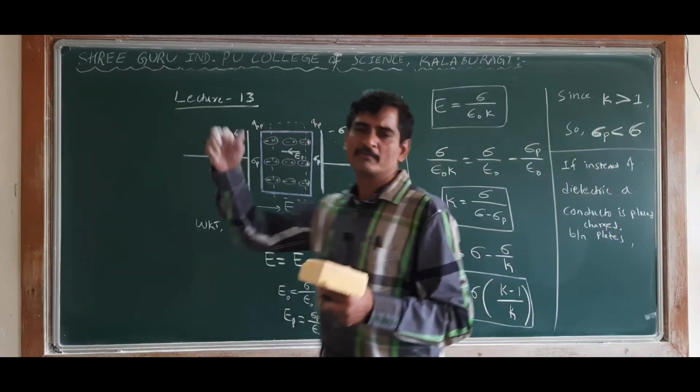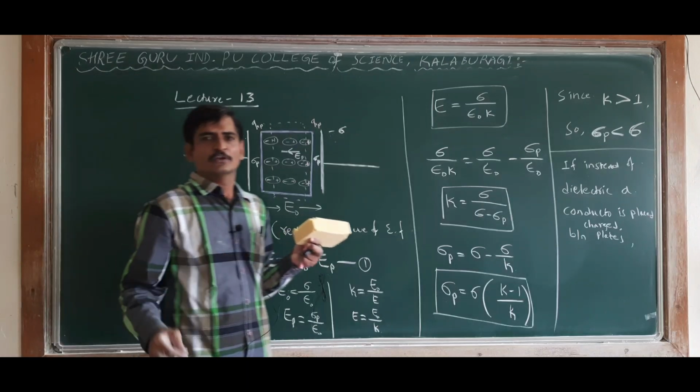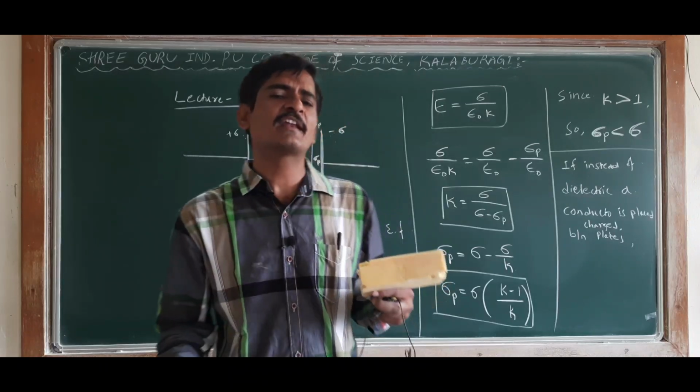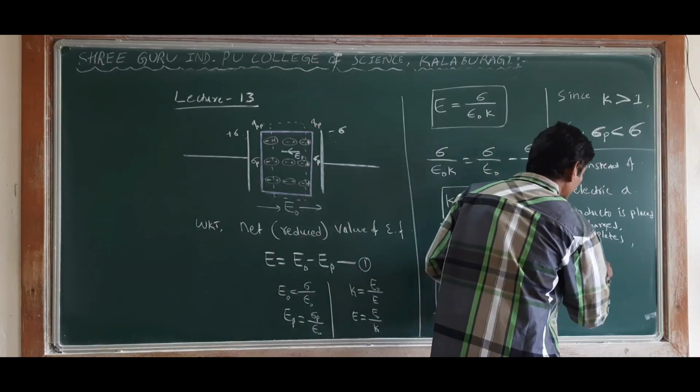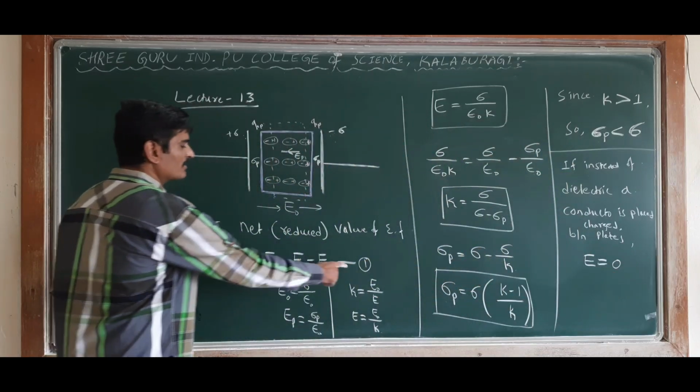Let us remove this dielectric and place a conductor between the charged plates. We know that a conductor consists of a large number of free charges, so the net electric field intensity in the interior of the conductor is 0. That is, E becomes 0.